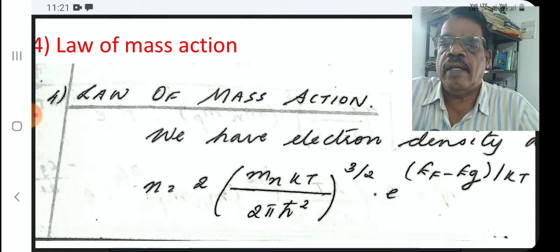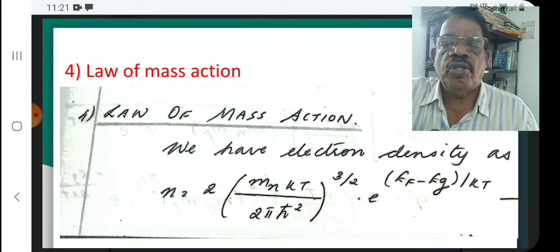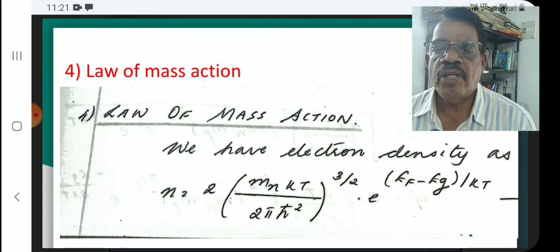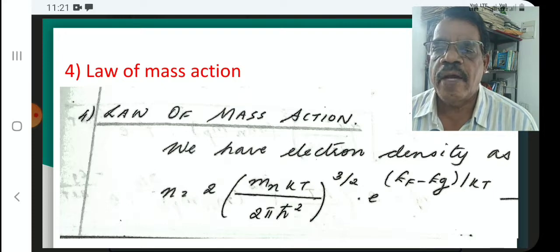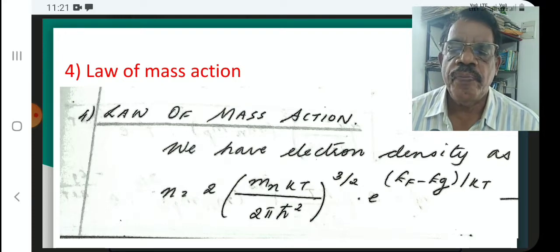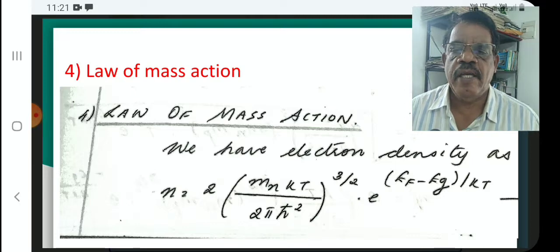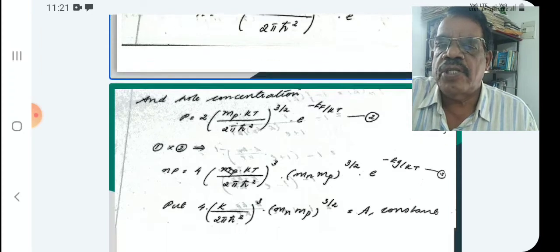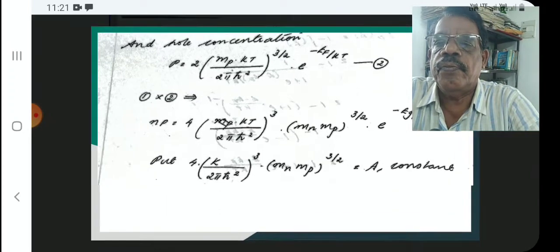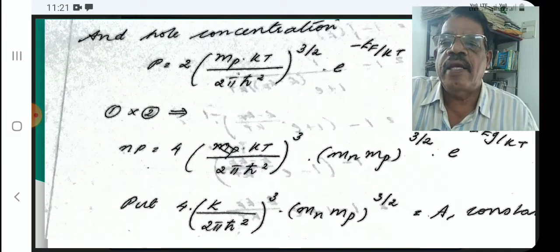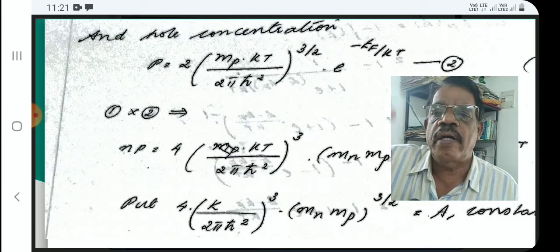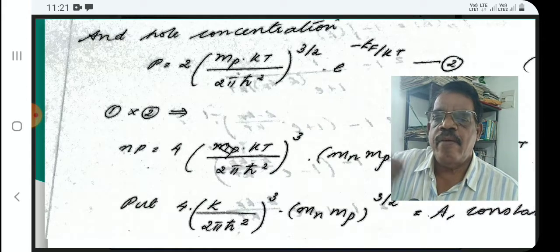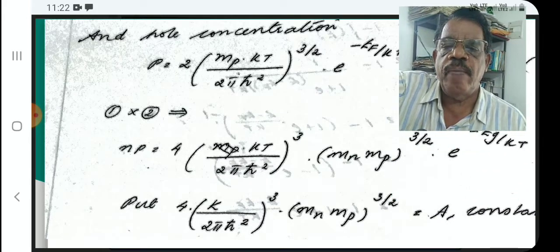In a semiconductor, we have the electron density, we repeat the equation, n = 2 (Mn kT by 2 pi h cut square) raised to 3 by 2 e raised to (EF minus Eg) by kT, and the hole concentration p = 2 (Mp kT by 2 pi h cut square) raised to 3 by 2 e raised to minus EF by kT. Number 2 relation. We multiply equations 1 and 2.